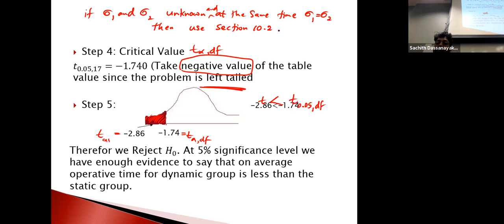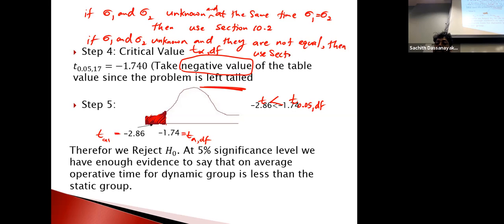If sigma 1 and sigma 2 are unknown and they are not equal, then you can use section 10.3.